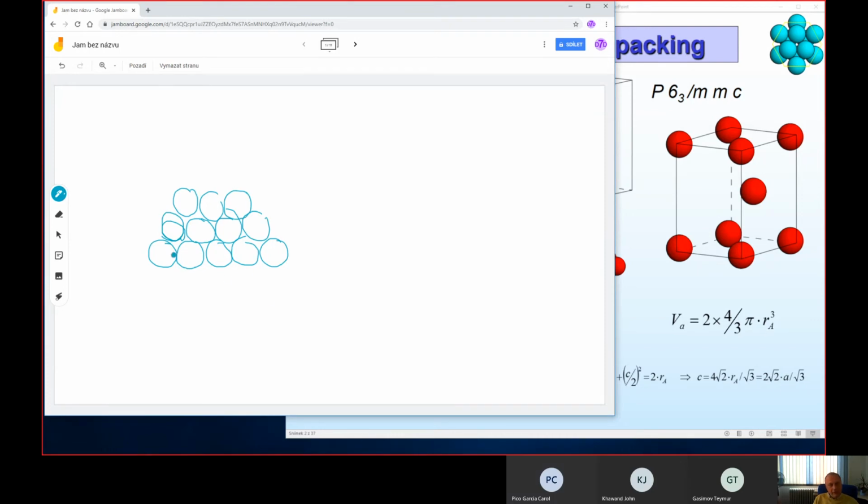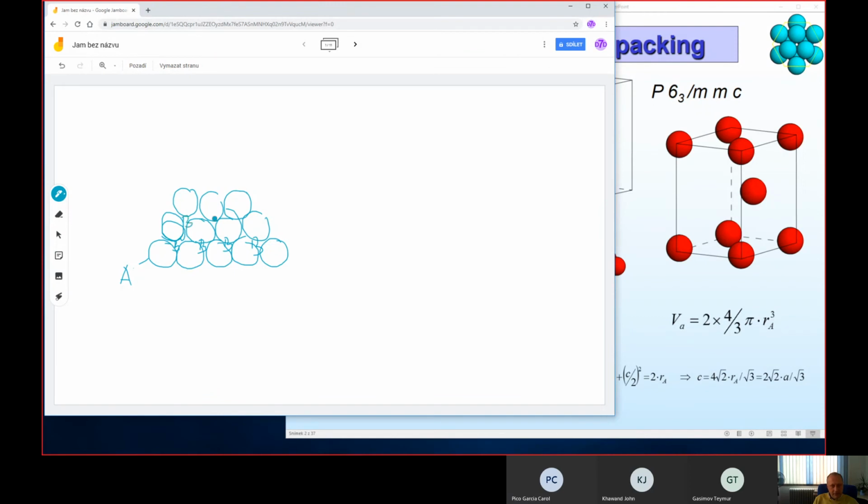Now we have two options for how to lay the second layer. If this layer is denoted as A, then the second layer, in order to have a close-packed array, can be placed here, and let's denote it as B. If you place an atom here and continue with a layer, you can't put the atom here, only here.